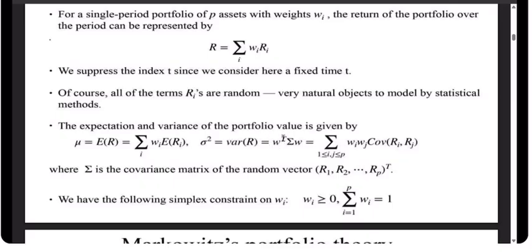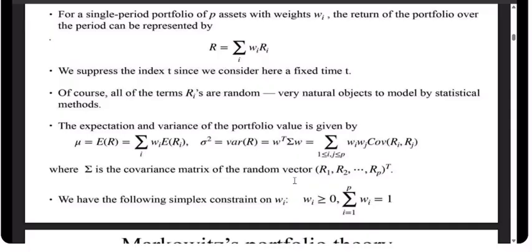If I want to write that in scalar form, I'm going to write it as a summation of Wi, Wj times the covariance. Now, what this is telling me: Wi greater than or equal to zero is a restriction saying that you don't spend a negative amount on a particular asset.